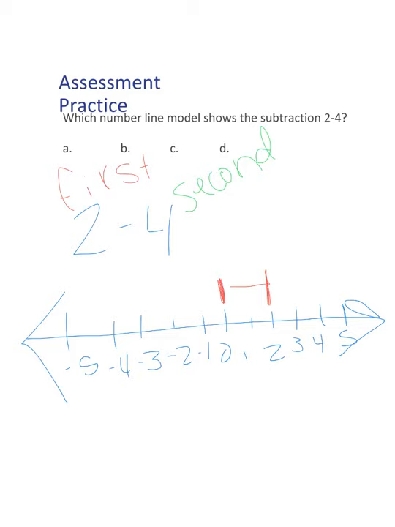And it's got a minus in front of it, so it's going to be a negative 4. To make that simpler, you could go ahead and keep change, and you will see the negative 4. So our second move is to move a negative 4 from where we're at. We're at 2, and we move a negative 4, and we end at negative 2. And that is option B in your book.